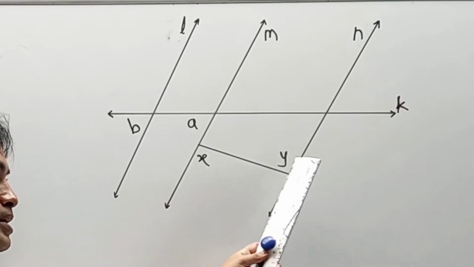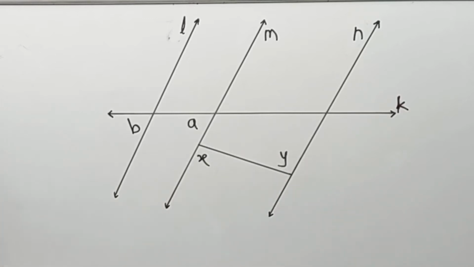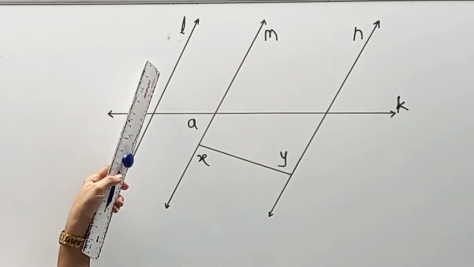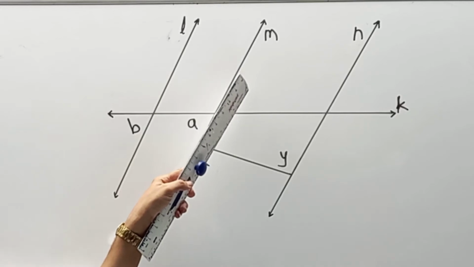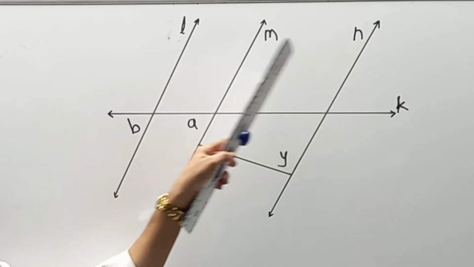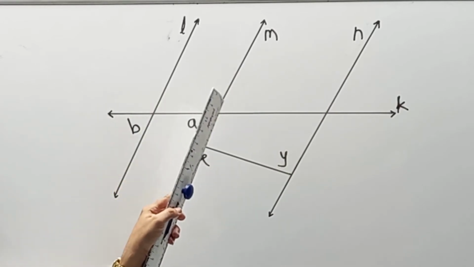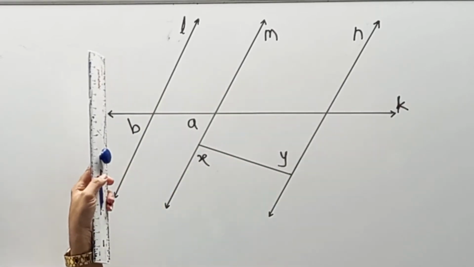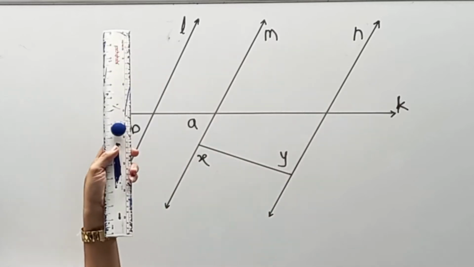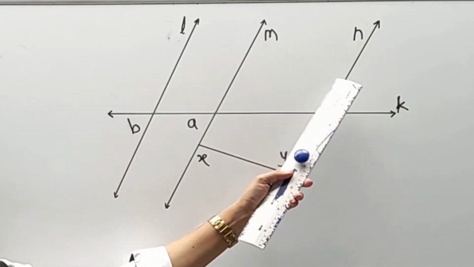As angle X is congruent to angle Y, these are alternate angles. Automatically we can say that line M is parallel to line N. In the first case we have proved L parallel to M. In the second we are able to prove M parallel to N. If the first line is parallel to the second line, which is parallel to the third line, naturally the first line is parallel to the third line, means line L is parallel to line N.